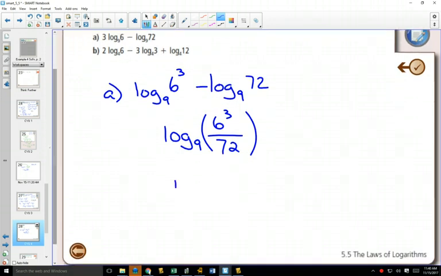A little unfortunate their choice of numbers here, but okay, 6 cubed means 6 times 6 times 6. And 72, you could break 72 up into some numbers, right? 72 is 9 times 8, 36 times 2, 12 times 6. There's a lot of options.